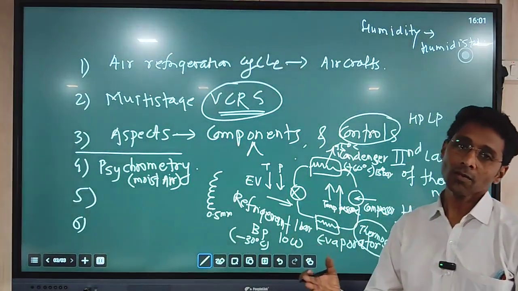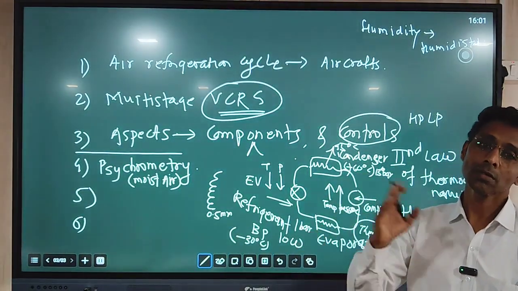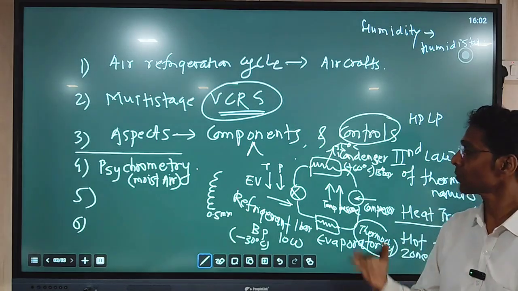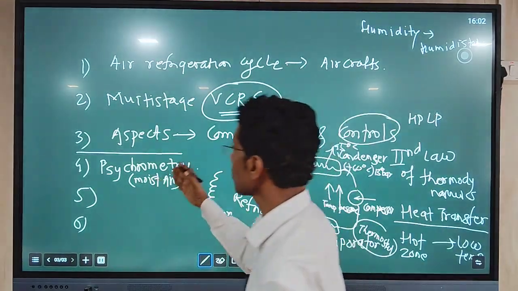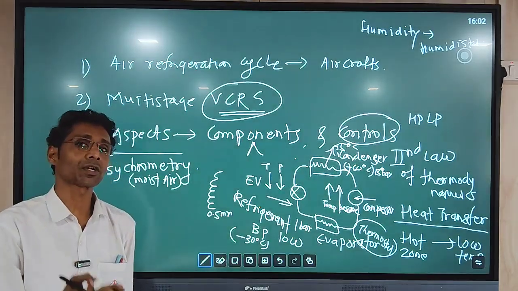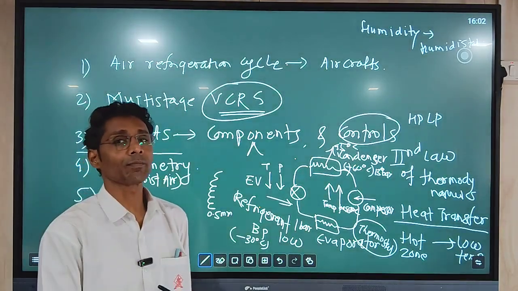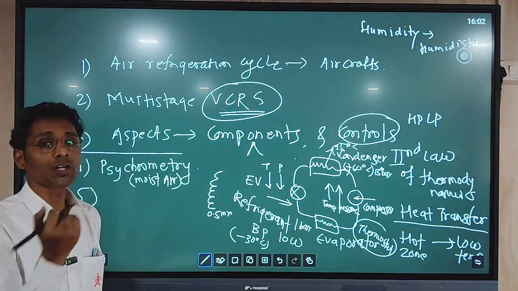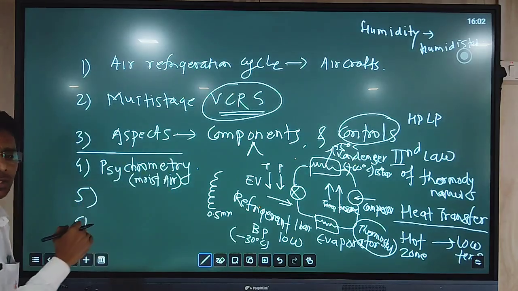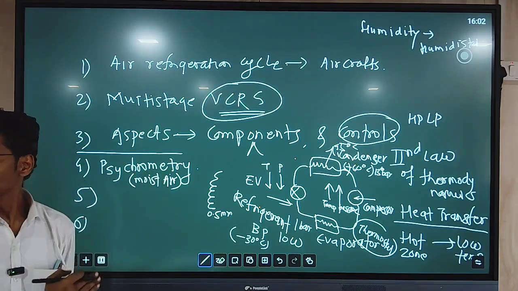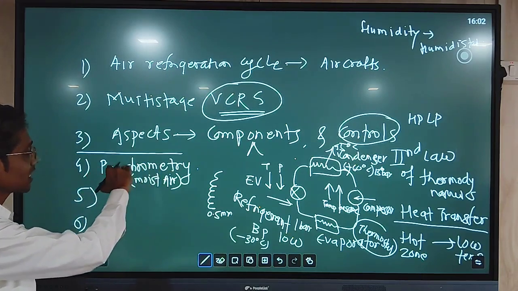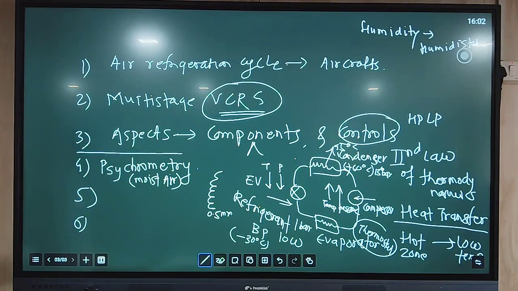As per the requirement, we have to add or remove moisture. How much? For that we need to study properties of the air, meaning temperature. There are different kinds: dry bulb temperature, wet bulb temperature, dew point temperature, humidity, relative humidity, specific humidity. All these definitions and some laws are studied under the science called psychrometry.